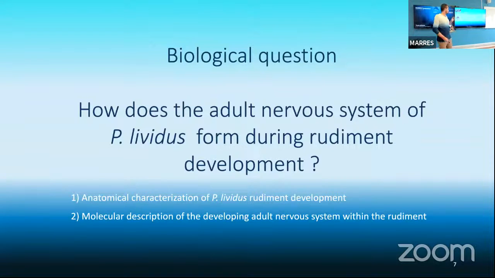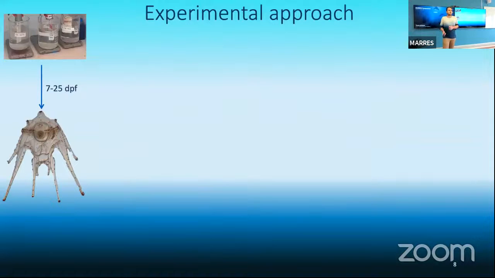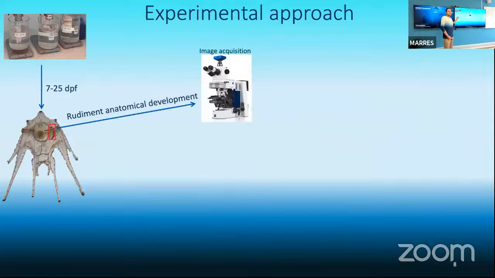And here, I'm going to present the experimental approach we took to address this question. First, we launched different sets of larval cultures. Once the larvae reached an age between 7 and 25 days post-fertilization, we were able to use them for the experiments. And for all the experiments, we focused on the rudiment only.